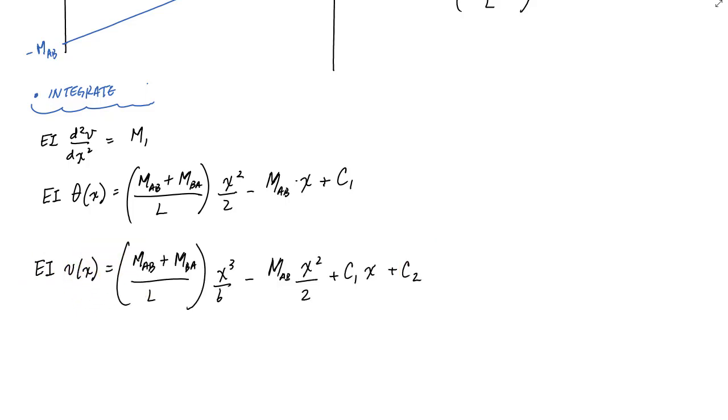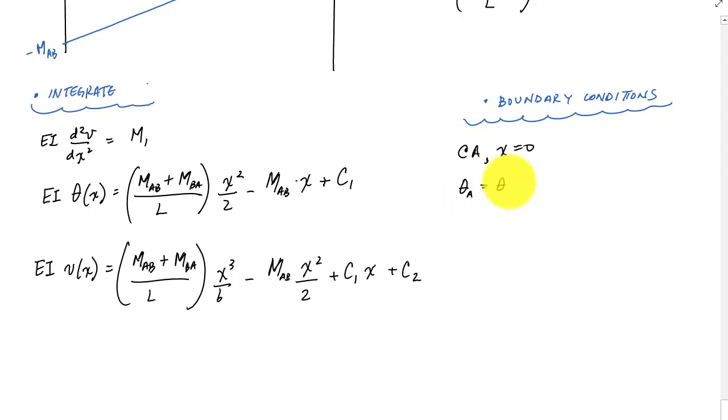And now, using boundary conditions, we'll set four boundary conditions that are going to be useful for us. If I start with the boundary conditions at A, the slope at A, which is the slope at x equals 0, is 0, and the displacement at A, which is the displacement at x equals 0, is 0.